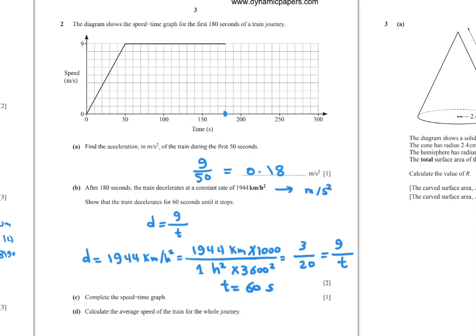So 60 seconds after is 240. After 240 seconds, the speed will be 0. Now join this with the speed of 9. Then you complete the speed time graph.